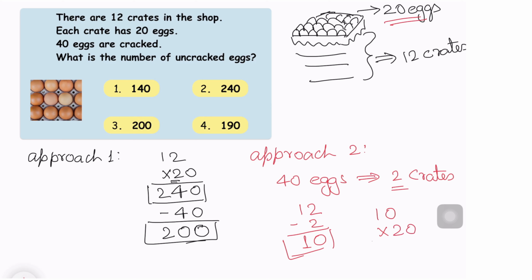Again there is a 0, so we can write 0 as it is, and multiply 2 times 1, which is 2. So the same answer, 200. If you got the right answer, you can add 1 against your score.